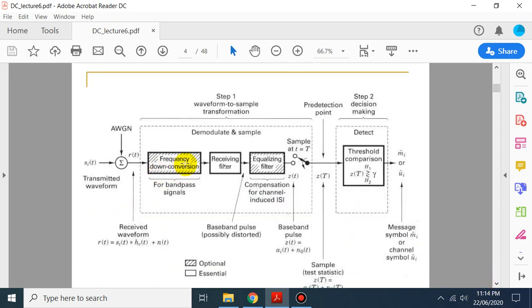Then we pass through a frequency down conversion, then input this to a receiving filter, then through an equalizing filter, and then through a threshold device, and then we get our original signal back.